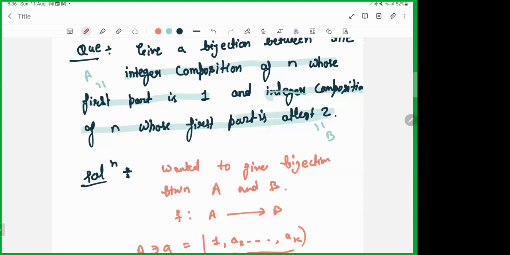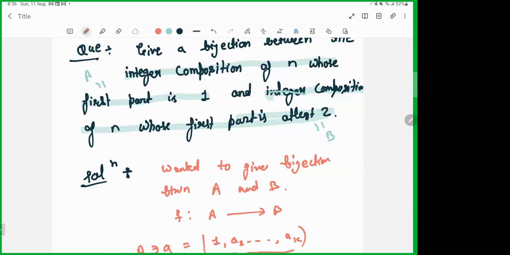No, I'm saying that I'm not talking about the set B. I'm just saying the set A has a bijection with integer compositions of n minus one. Right. That is correct. Yes. So then, if we say that the first part is at least 2, if we subtract on both sides, 2 becomes 1.